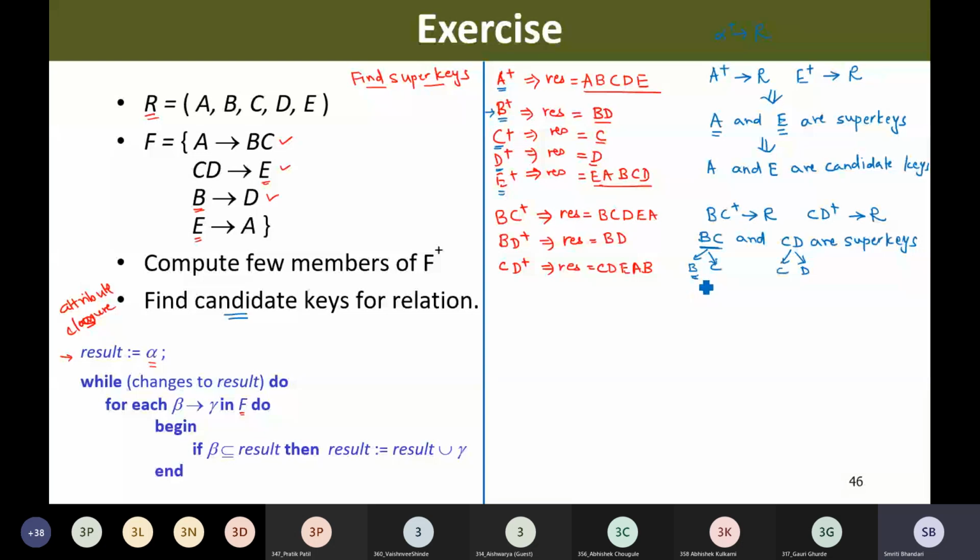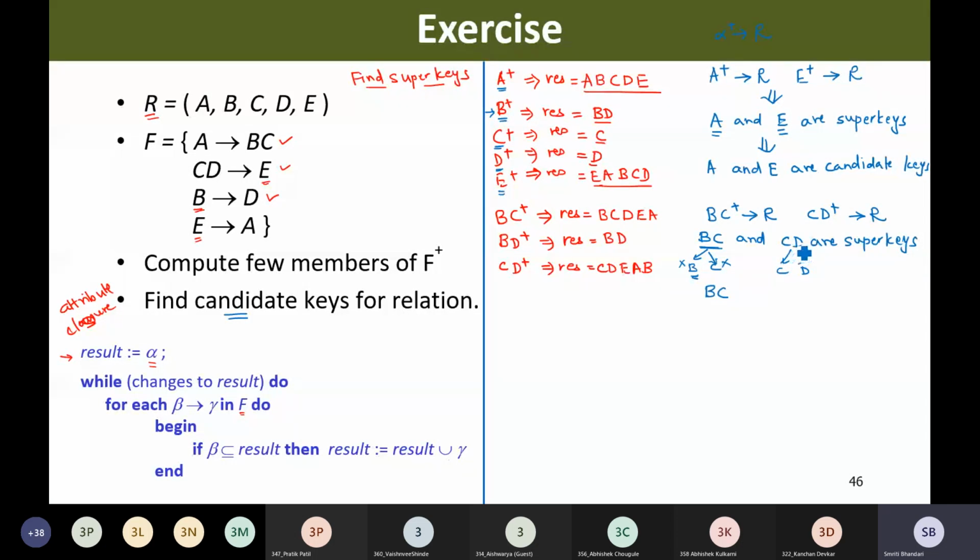So, whether only B is a super key? No. Whether only C is the super key? No. So, no subset of BC is a super key for R, and that is why we may say that BC is a candidate key.